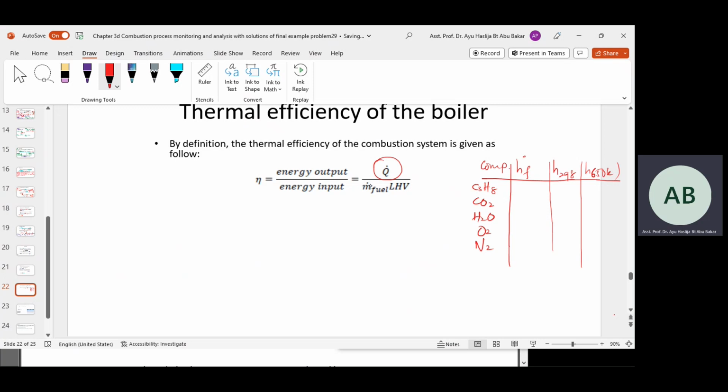Now I want to focus on this part, the LHV. The LHV from your notes is equivalent to negative Q C. Now, from the combustion equation just now, we have the full combustion equation.